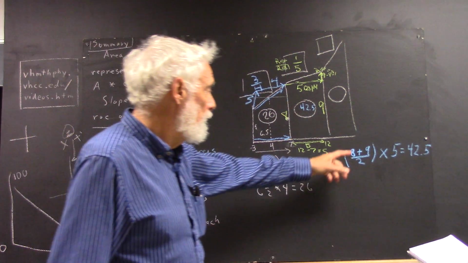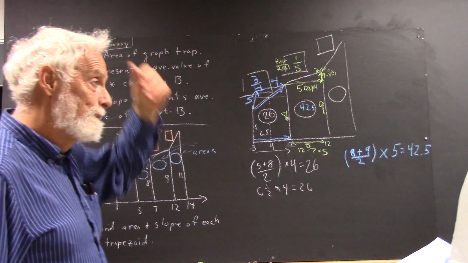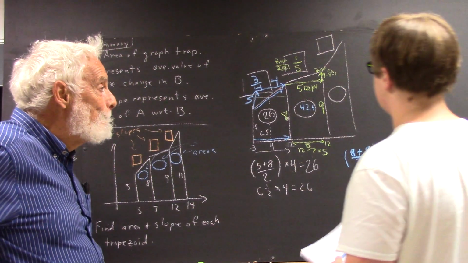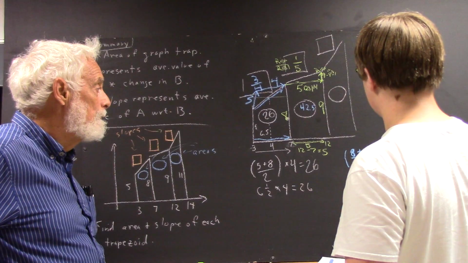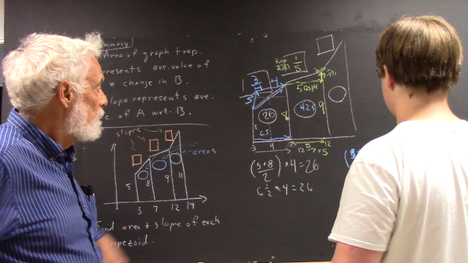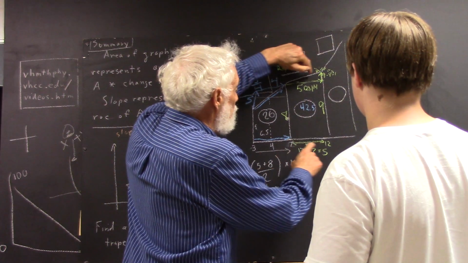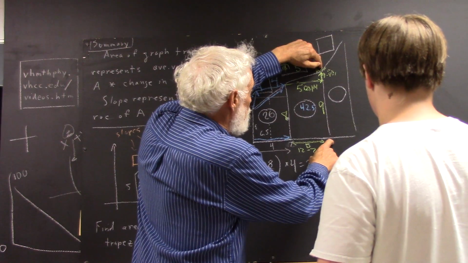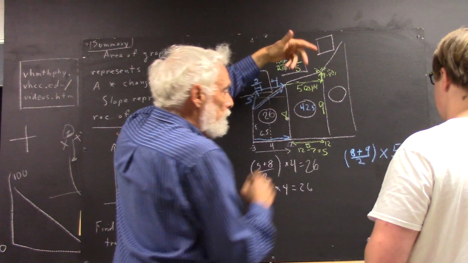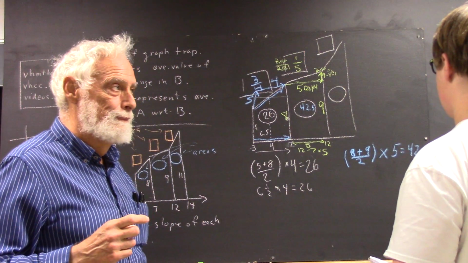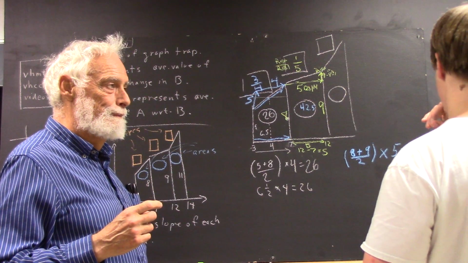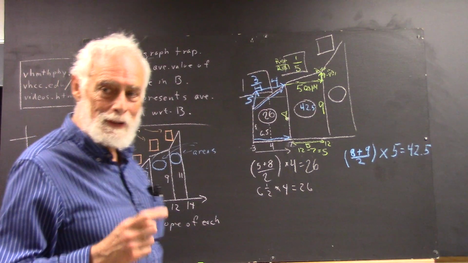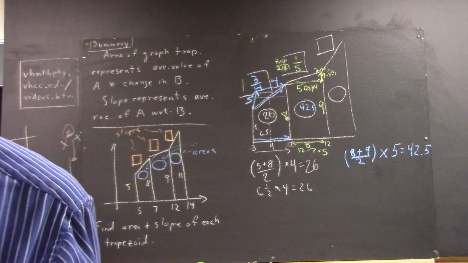And why would you add 8 and 9 and divide by 2? 8 and Okay, well 8 is this far, 9 is this far. How far is it if you add them and divide by 2? Well, wait, I'm going to help you out here.